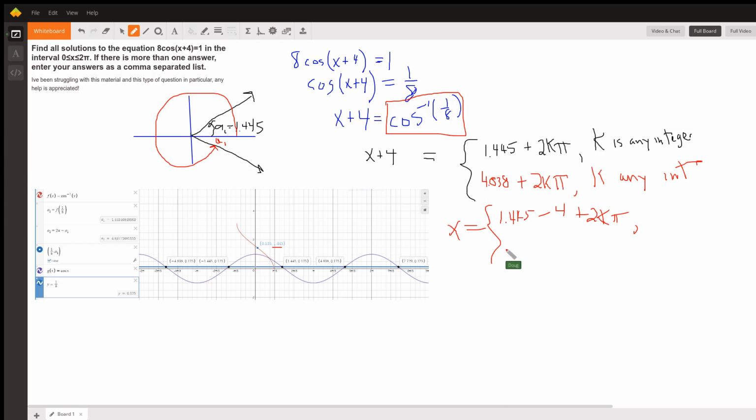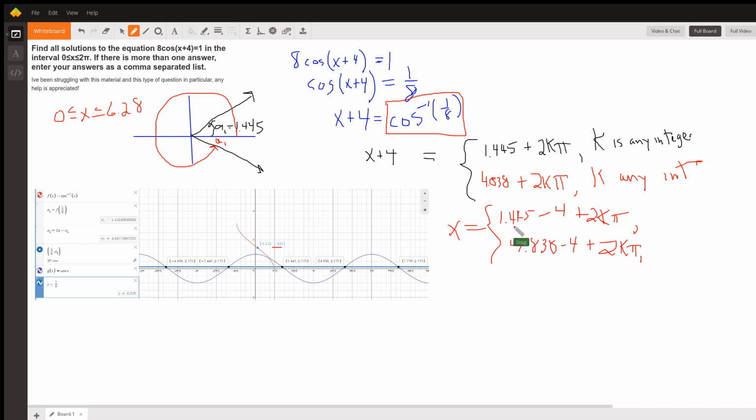Or x equals 4.838 minus 4 plus 2k pi, k any integer. So what we need to do is put values in for k that give us a value for x that is between 0 and 2 pi, which is like 0 is less than or equal to x is less than or equal to 6.28 something.